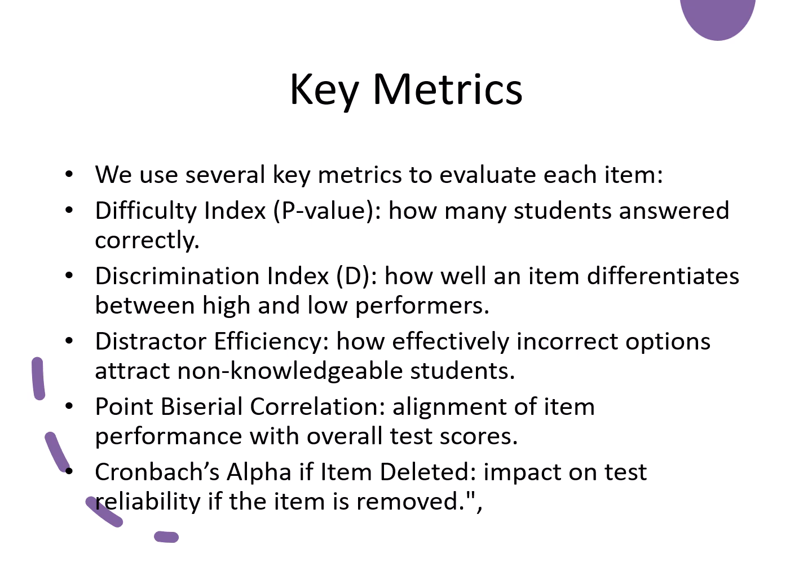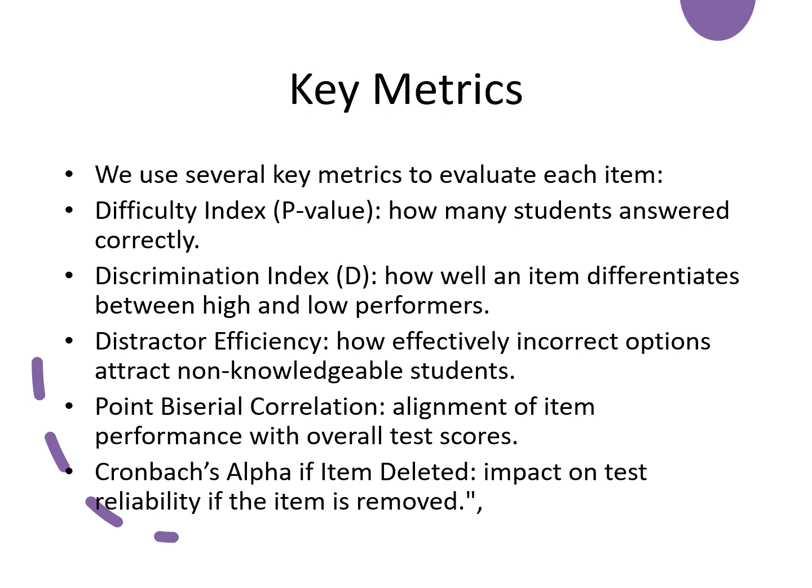The second is the discrimination index. It tells us how well an item differentiates between high achievers and low achievers. And then we have the distractor efficiency, which informs us how effectively incorrect options attract non-knowledgeable or low achiever students.